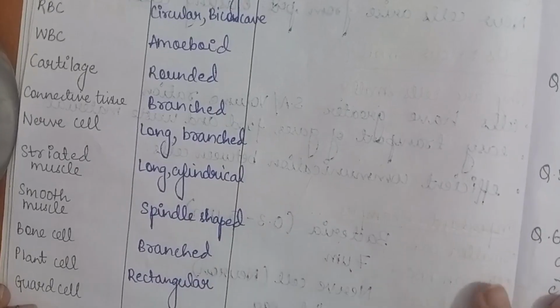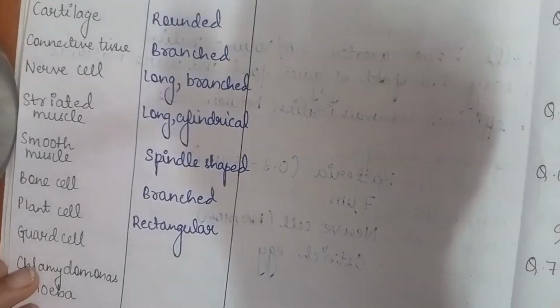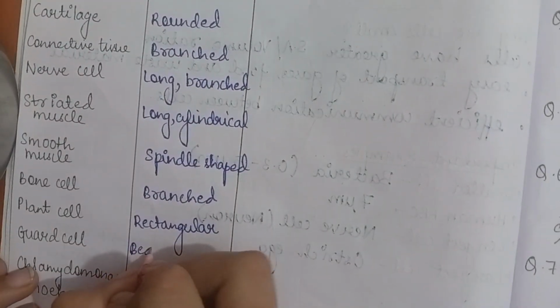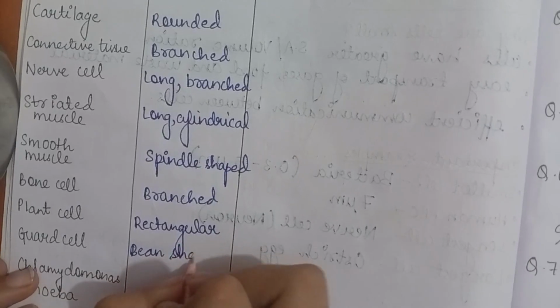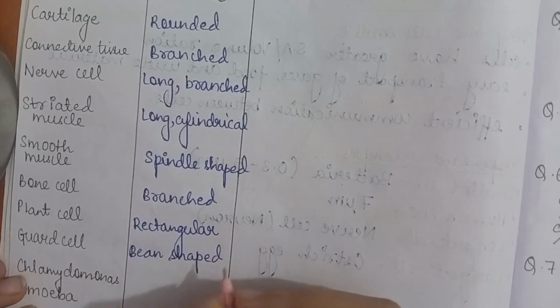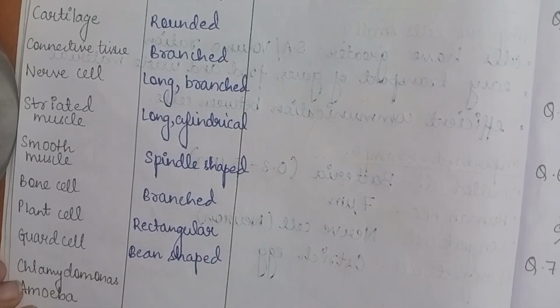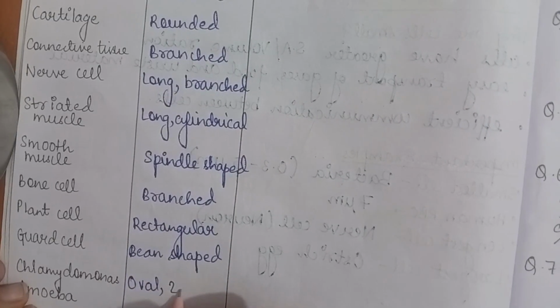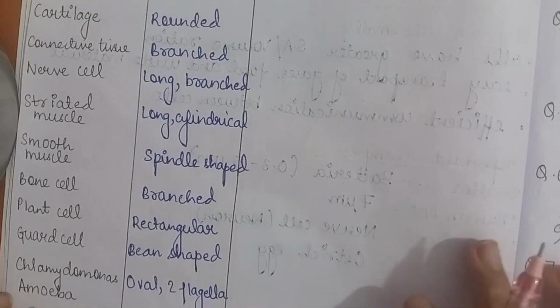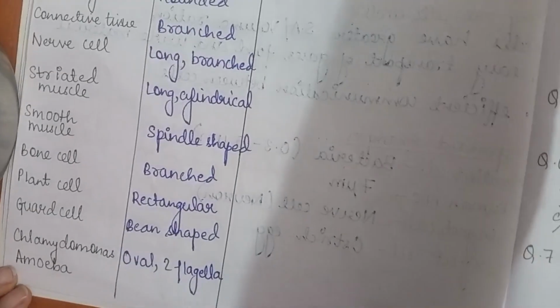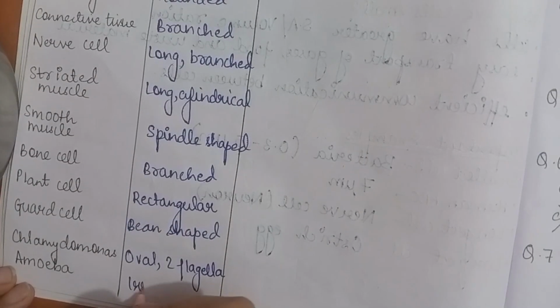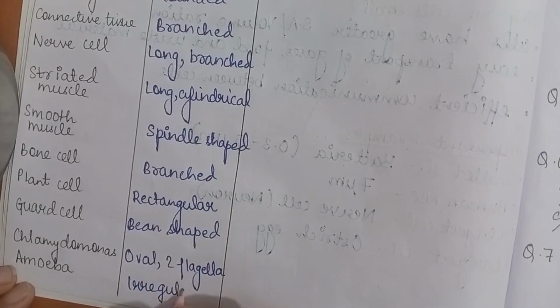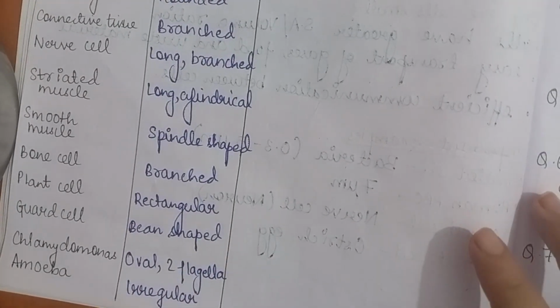Guard cells are bean shaped. Then chlamydomonas they are oval and they have two flagella. Then amoeba cells these cells are irregular. Okay, now we are going to study about their functions.